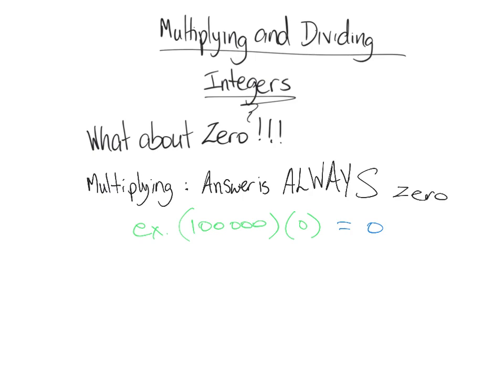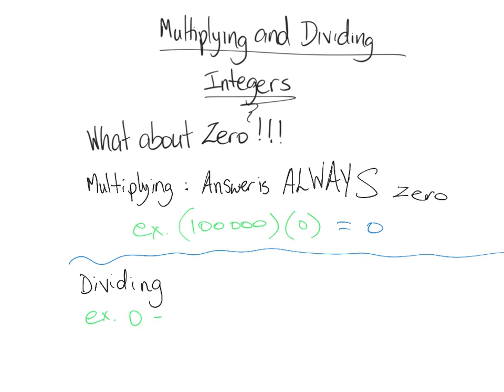Now, dividing 0 by a number, you actually get the same result. But hold tight, don't shut the video off yet. The most important thing is yet to come. Dividing, I'm going to show you 2 examples, it's the easiest way for me to differentiate between the 2 things. 0 divided by a number, so let's say 0 divided by 50, the answer is 0.